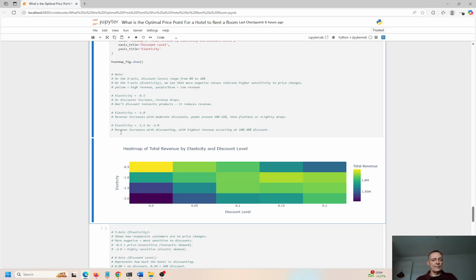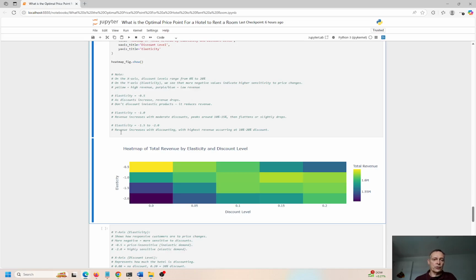And you can see, based on the discount level and the elasticity, who's going to check into the hotel more, right? So we go from 0 to 20%. The y-axis, we go from -0.5 to 2.0. As discounts increase, we know that revenue drops.